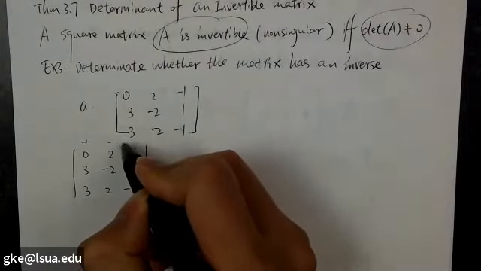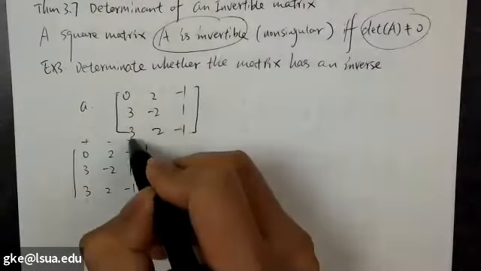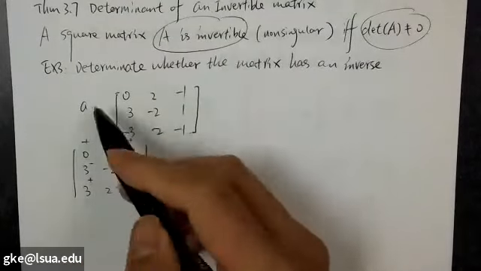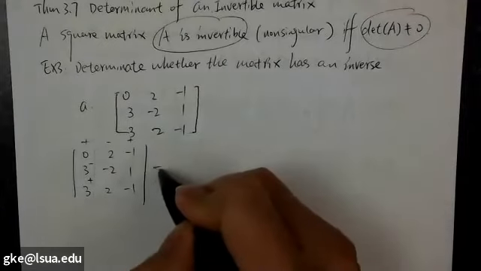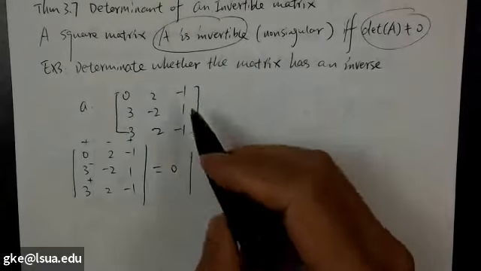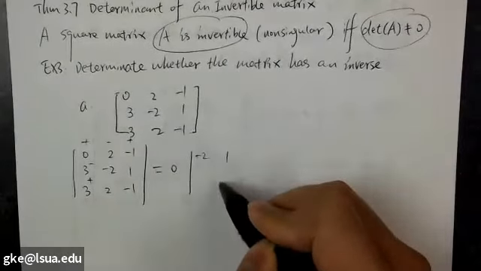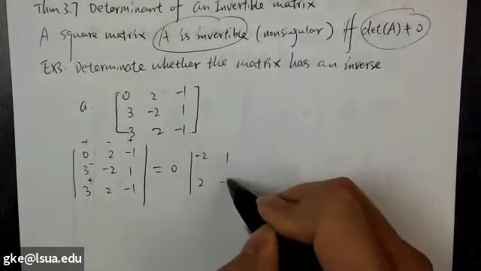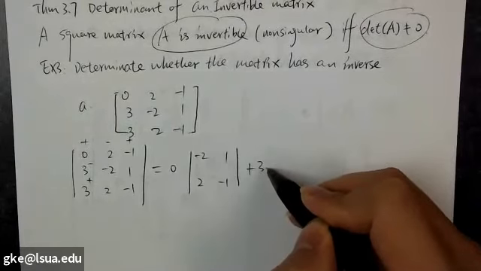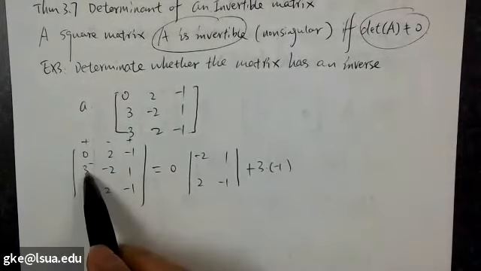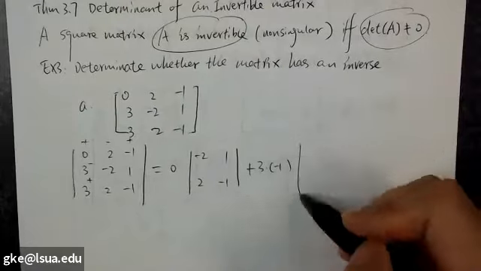Okay, so we can do it on the board. Positive, negative, and if we follow the first column, we have 0, then -2, 1, 2, -1. Then 3, 3 times -1, because here's a 3, and the sign is -1.